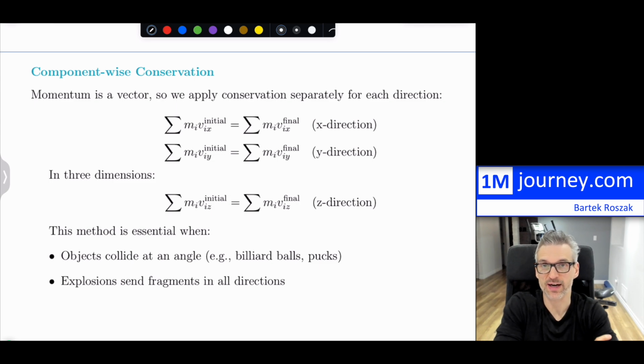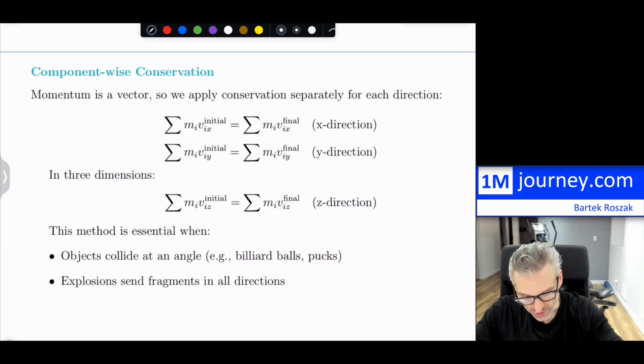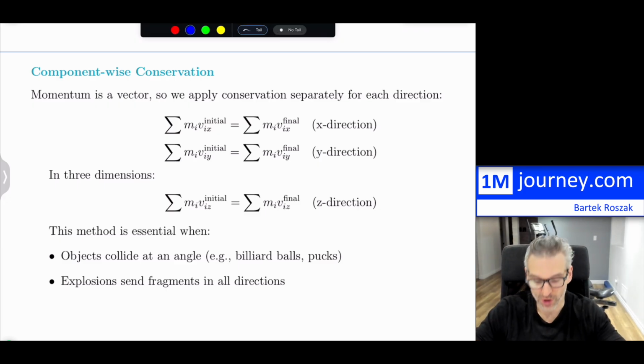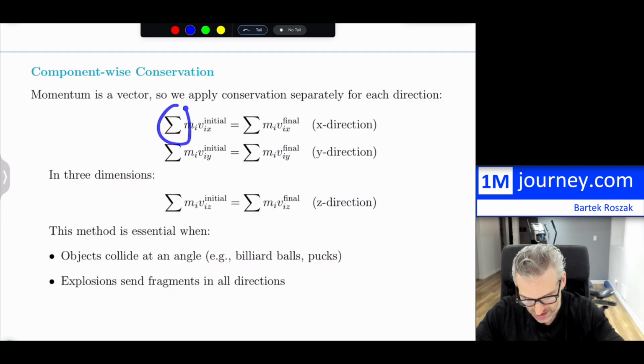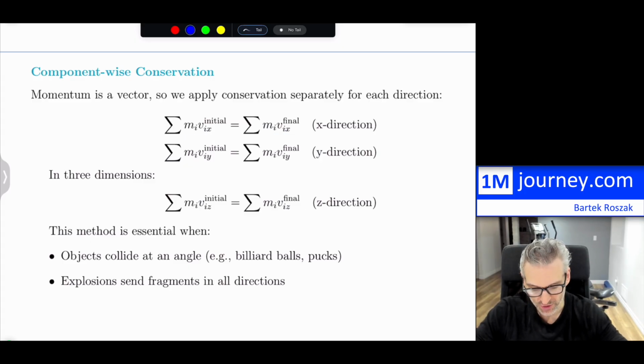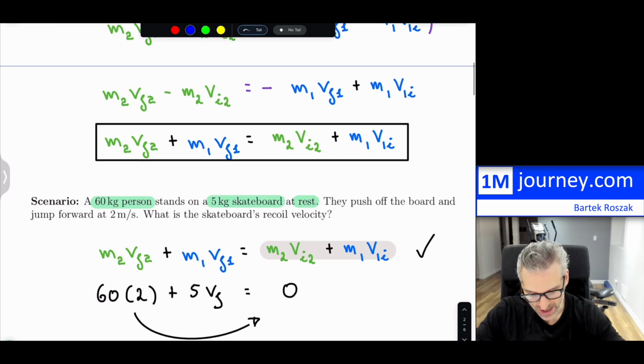So if you have angles, you're going to have to break things down into components, but the actual summations do not change. Notice that if you do have multiple objects, the sigma is just a summation, meaning adding all of these up. So this is initial and final.